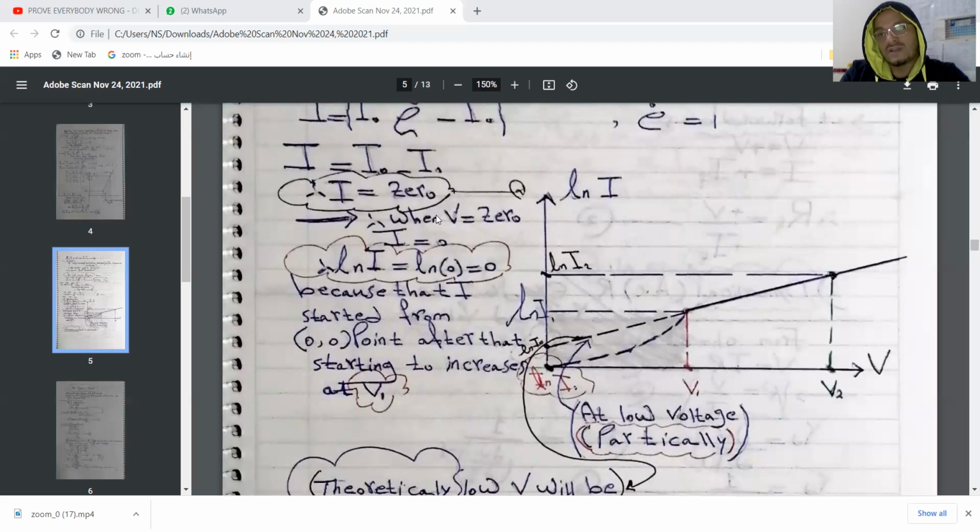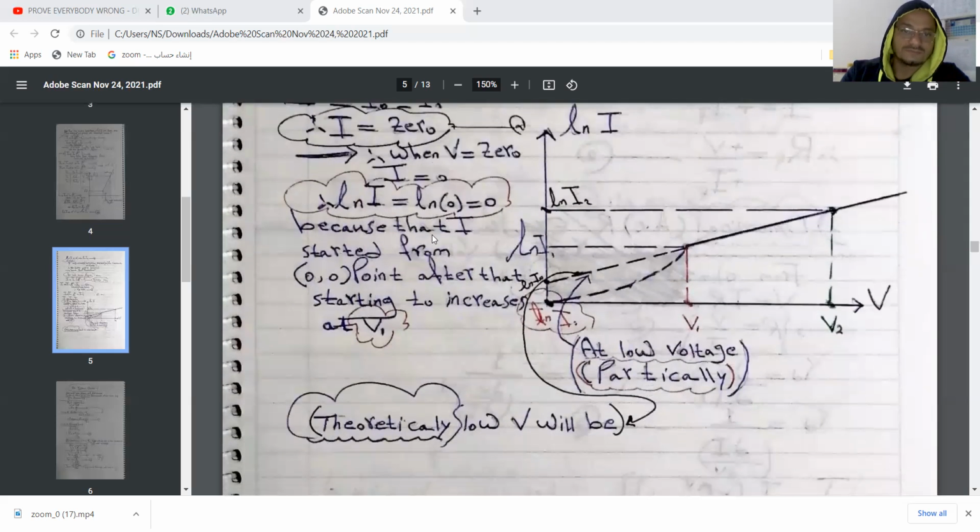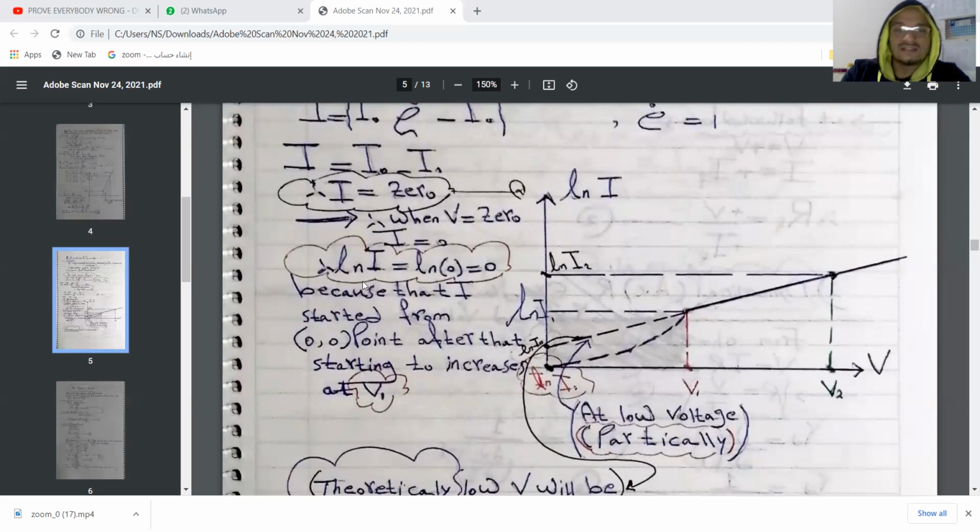When I equals 0, that means V equals 0, because from Ohm's law, V equals IR, and I equals V divided by R. Now let's take ln to I equals 0. That means ln 0 equals 0, because typically the curve will start from the 0 point, and after that at V1, this curve will be linear and increase, like I said before.